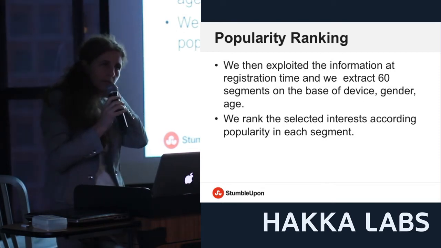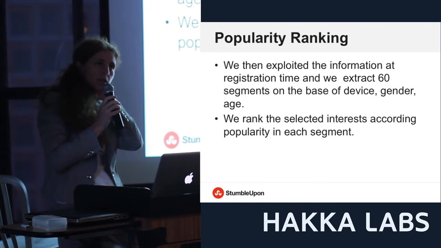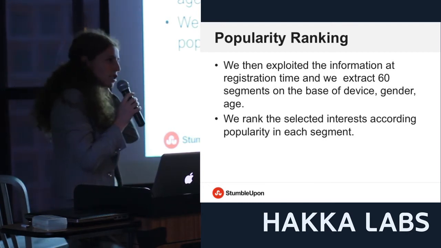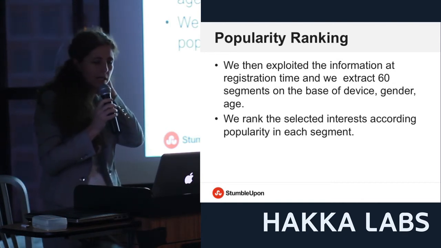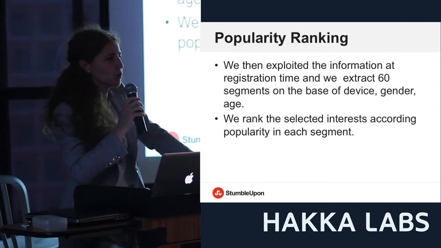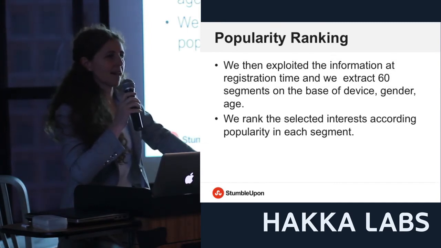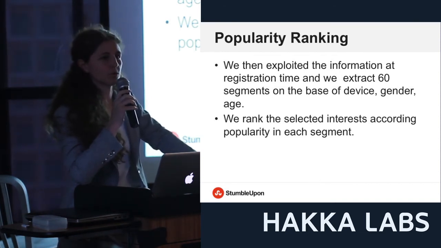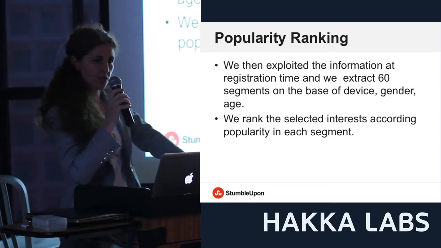We wanted to A/B test this, but we could not because our mobile system was not prepared to dynamically select interests. So the interface was static, so we could not change the order. We had to wait for the front end to do the necessary modification.